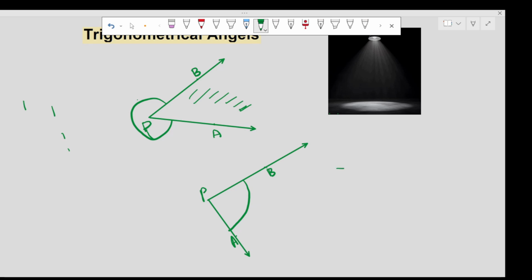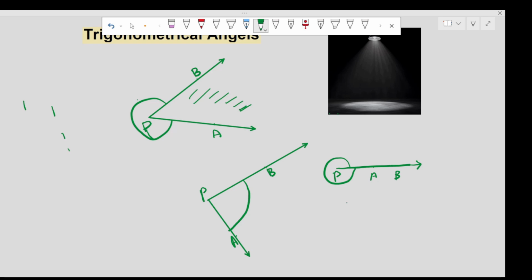Suppose two lines meet here, A and B, then the angle is 0 degrees. Or we may think of this as 360 degrees.